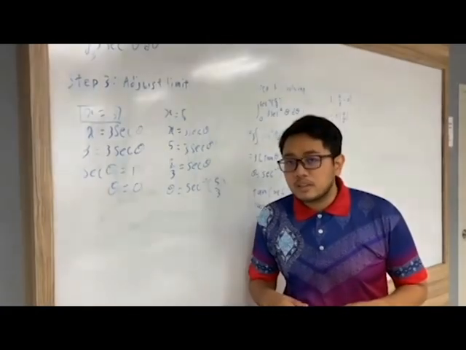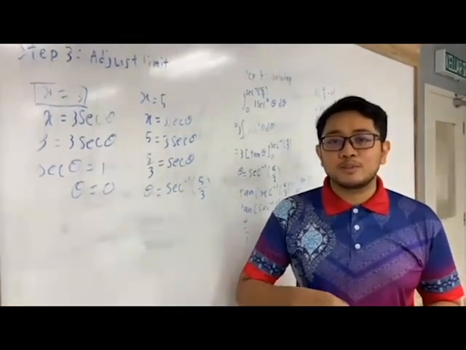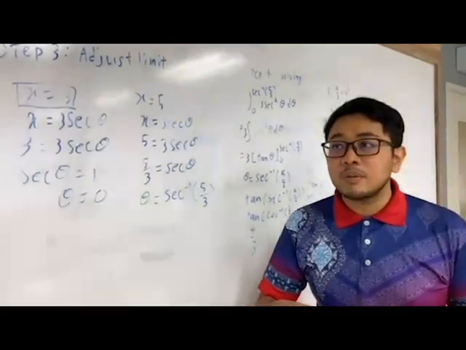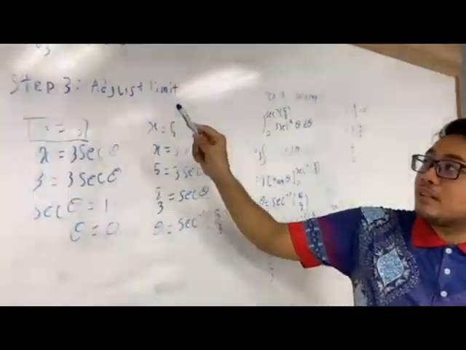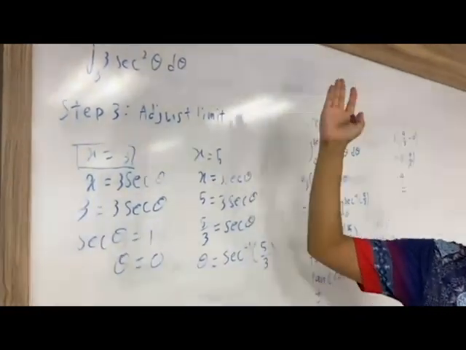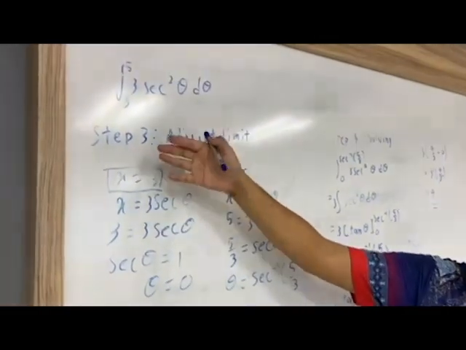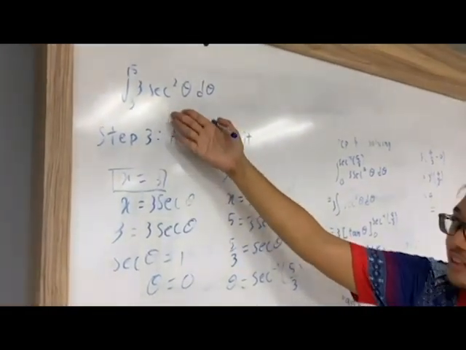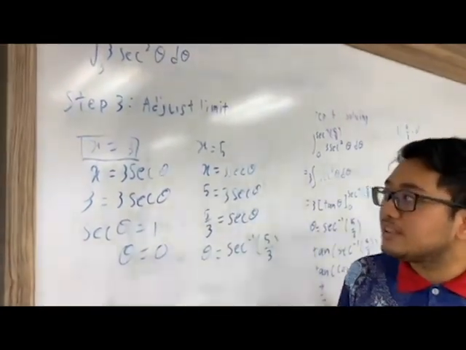Okay, after Syazwan explaining his first and second step, I would like to now proceed with the next step, which is to adjust the limit. As we know, after we substitute the information that was given into the equation, we can get something like this: the integral of 3 secant squared theta d theta. However, the limit also needs to be adjusted.